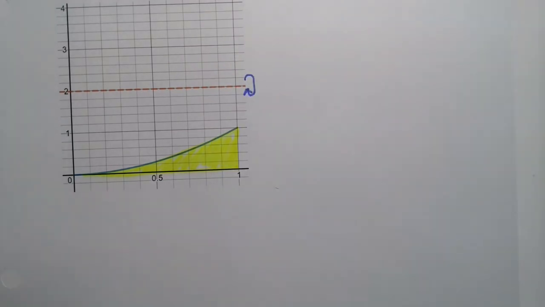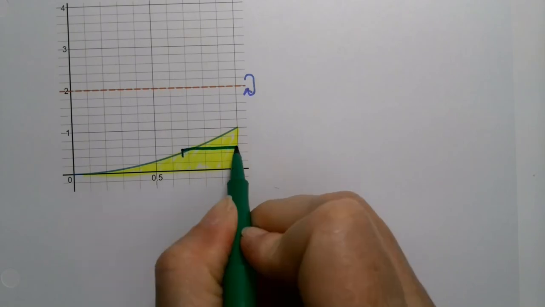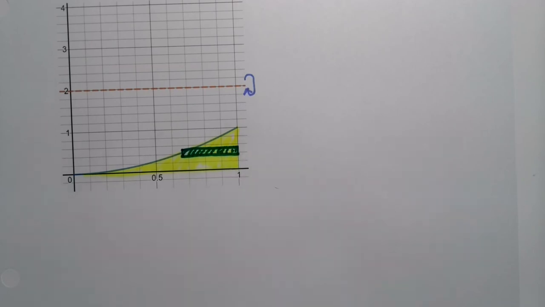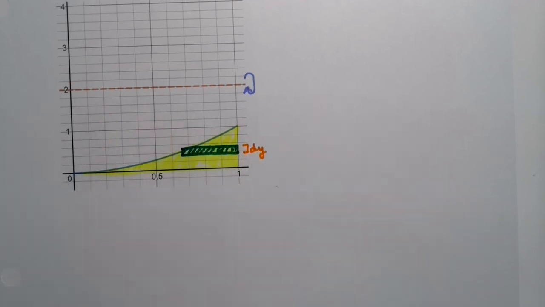So then, again, it locks it in. I know that it must be parallel to that axis of rotation. It has to be. And that is a dy thickness.